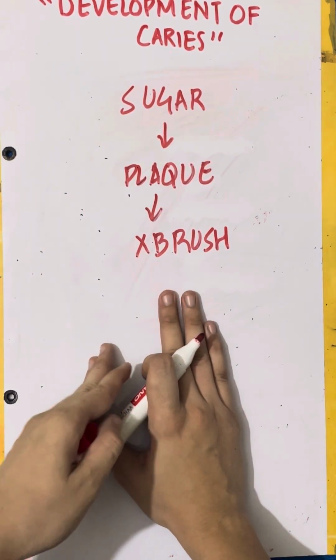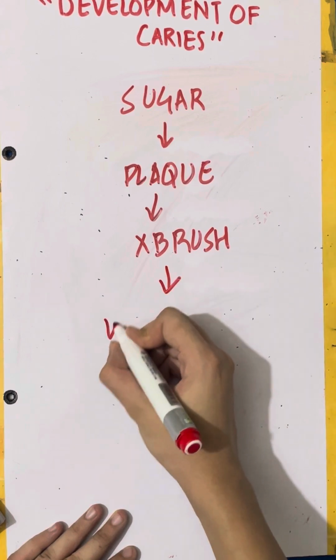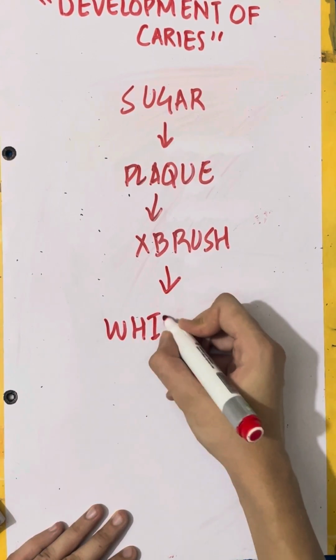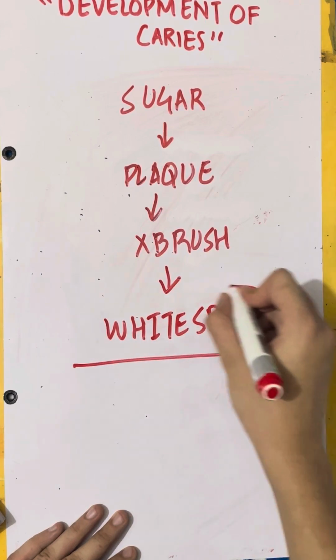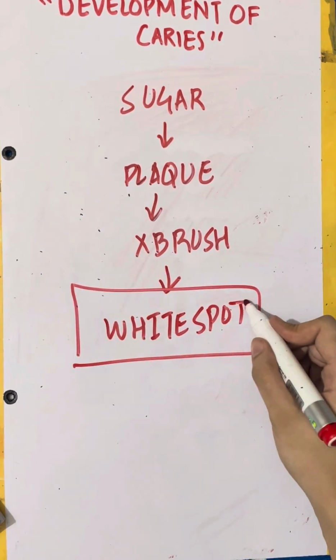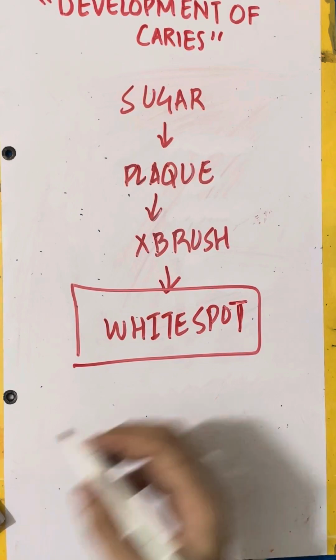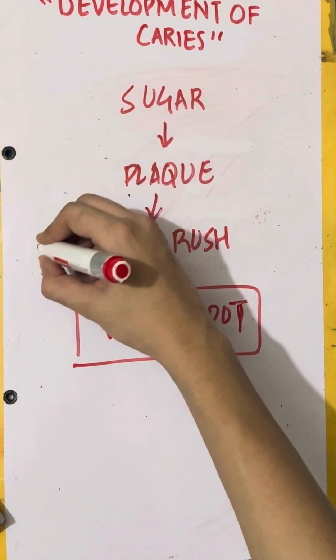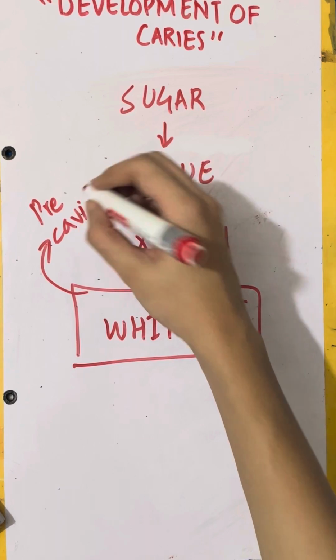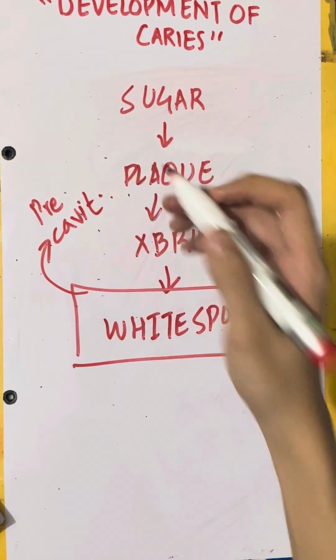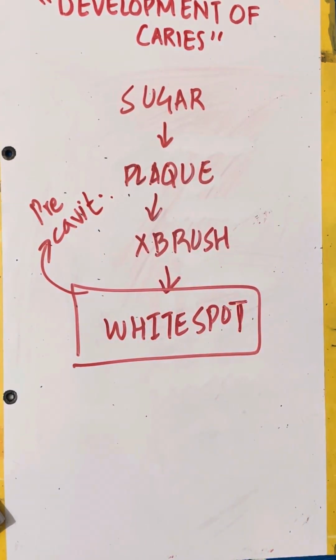Still, if we do not maintain our oral hygiene, there will be some white spots starting to become visible on our tooth. These white spots are the pre-cavitated lesion. Pre-cavitated lesion means that your cavity is starting to form.